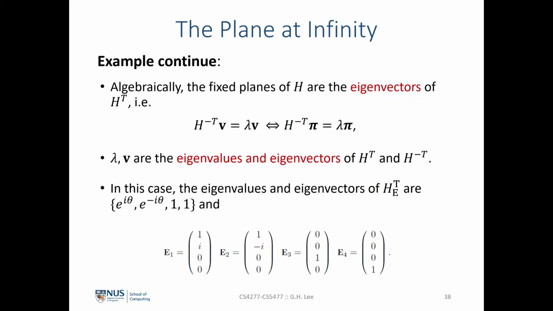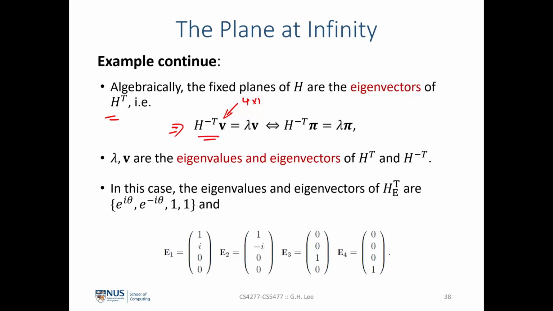And algebraically, the fixed planes are actually eigenvectors of the homogeneous transformation H transpose here, which we can see from this equation here. This is the proof here. So what we are doing here is that we are going to transform a certain vector here, a certain point on the plane, or a plane over here, denoted by V. This is a 4 by 1 homogeneous coordinates that represent either a point or a plane here, and we are going to transform here.